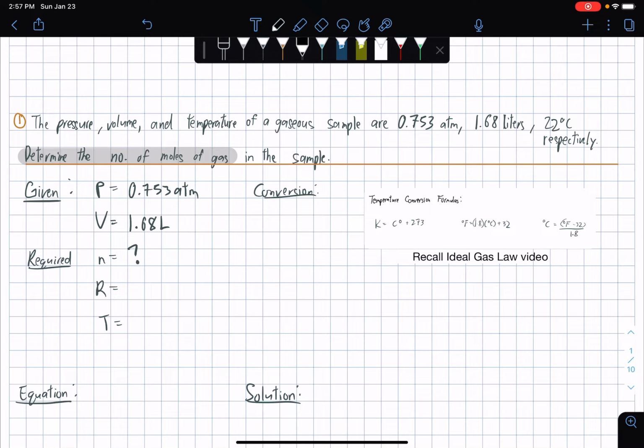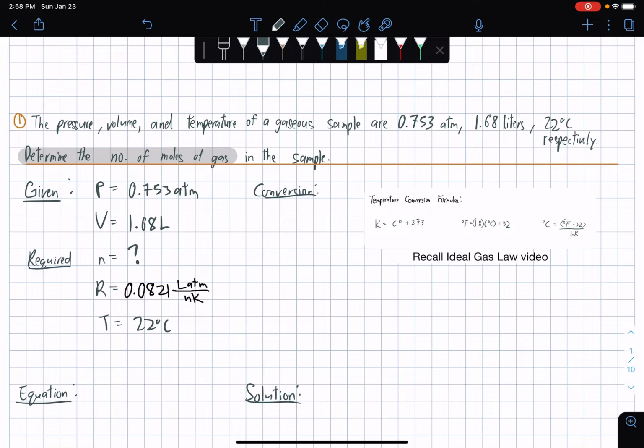For the gas constant, I suppose I've mentioned this in the previous video about the general concepts of the ideal gas law. The gas constant, the quantity is never changing. Literally, it's a constant. 0.0821 L·atm over mol·K. This is n, by the way. I'm sorry for the bad handwriting. For temperature, we have 22 degrees Celsius.